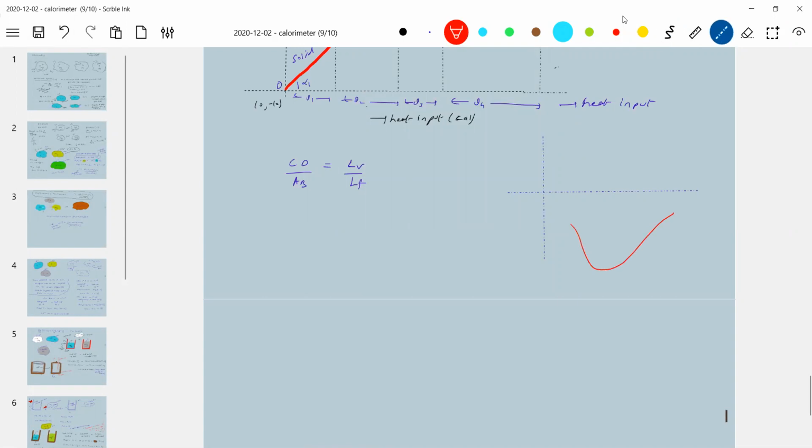Look at this graph, what does this graph say? Potential energy or whatever. When you supply heat, you are increasing the energy.